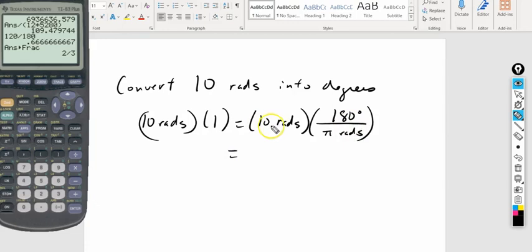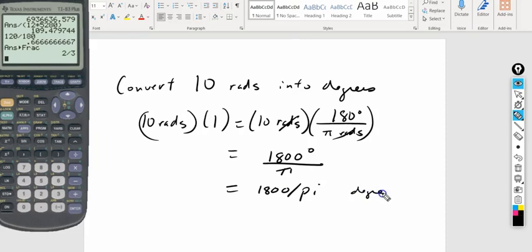And so on the top, I'm going to have 10 times 180 over pi degrees. And my exact answer, if I'm typing this into WebWork, would be that.